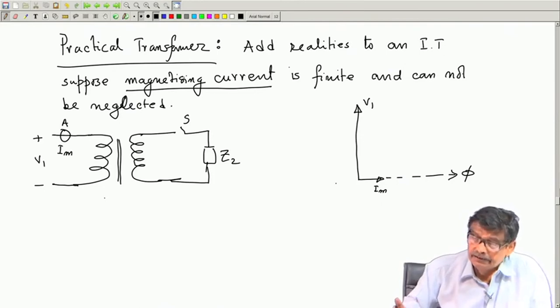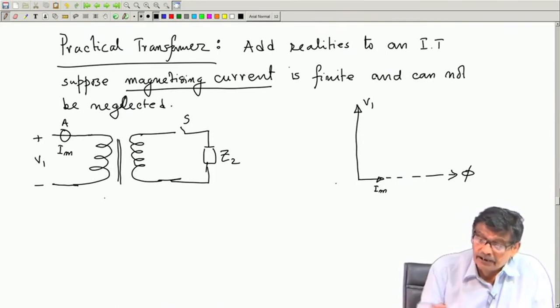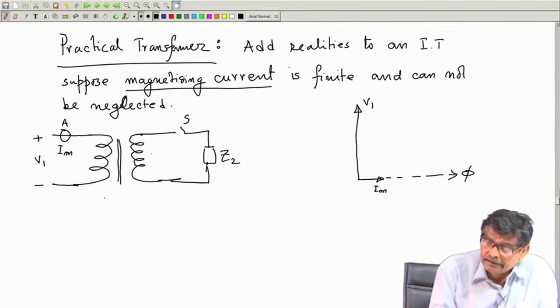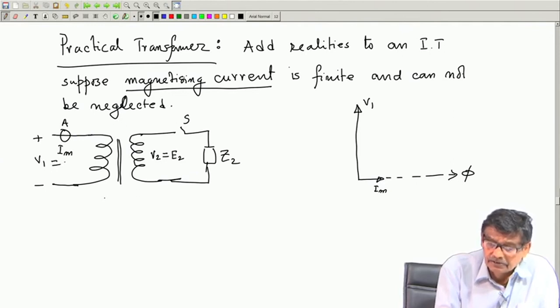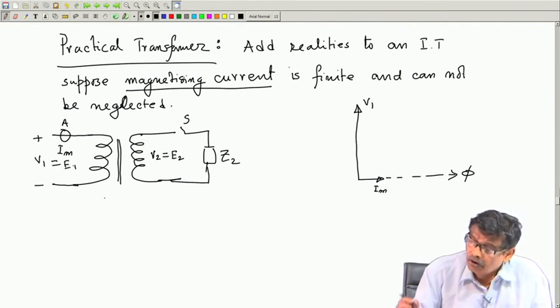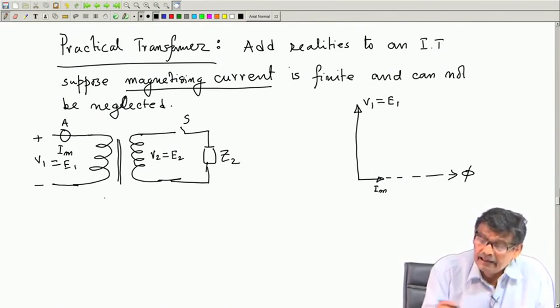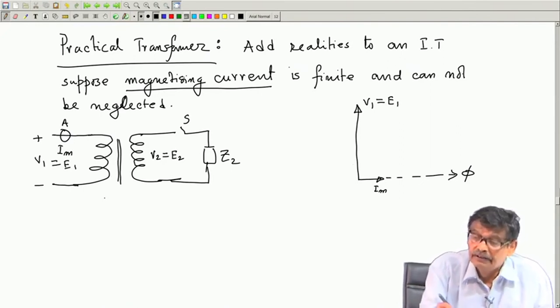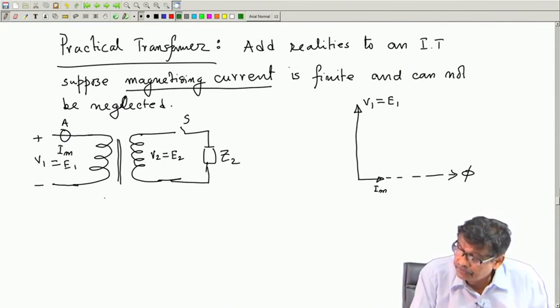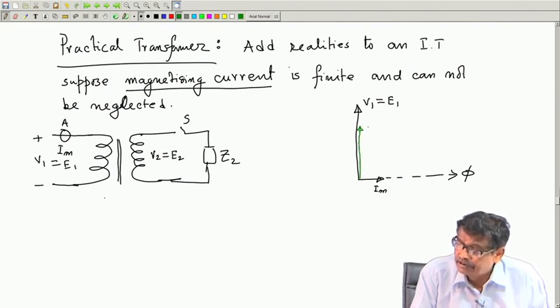So, this is the open circuit equivalent circuit, and if this is V 2, V 2 and E 2 are same, because still drops are neglected, V 1 is equal to E 1. So, all voltages will be in phase. So, this is V 1 equal to E 1, same phasor, and depending upon the ratio your V 2 phasor will be here. If it is a step down transformer, this is your V 2.